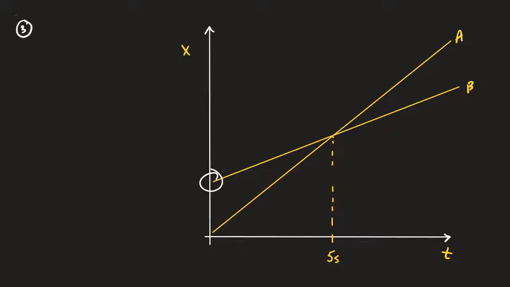All right. Got a few seconds to think about it. Who thinks they have an answer? Yes, sir, in the back. At 3 seconds, A is traveling faster. How many of you agree that A is traveling faster? Sure. Slope is steeper. Good job. Who's traveling fastest at 5 seconds? Think about it.